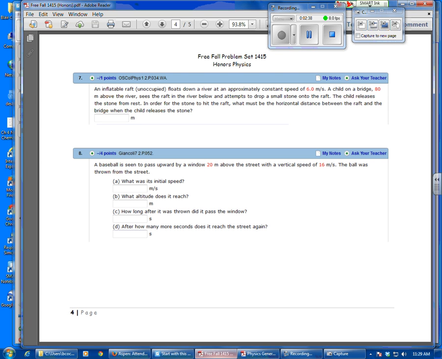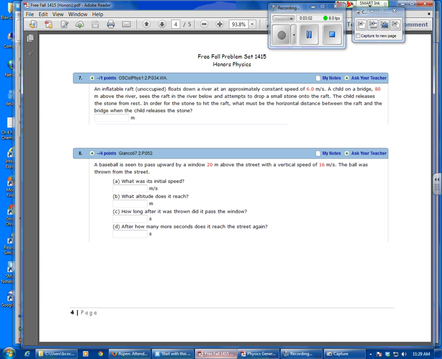Does it stop going up before it gets to the window or after it gets to the window? After. Because at the window it's moving upwards at 16.